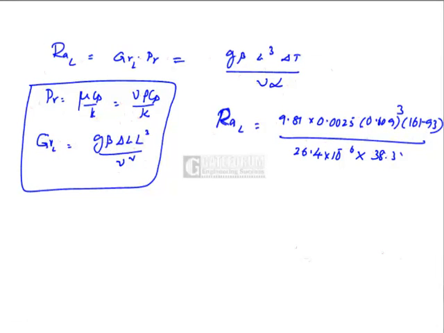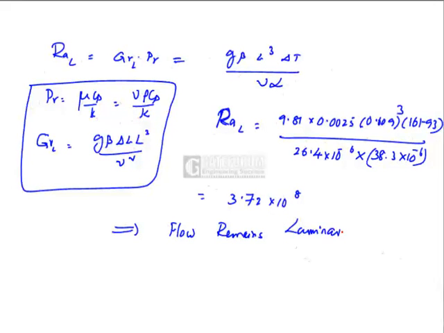Thermal diffusivity is 38.3 into 10 power minus 6. This comes to 3.72 into 10 power 8. This implies flow remains laminar.